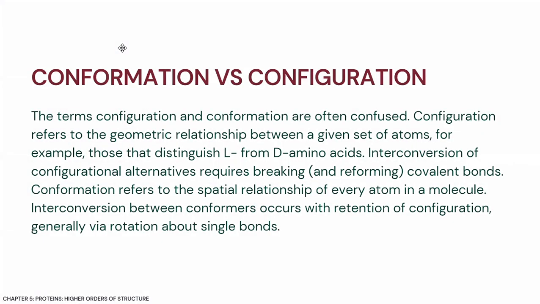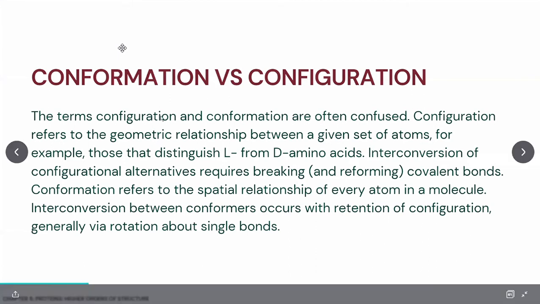So we have here configuration versus conformation, and they are not to be confused. When we say configuration, that refers to geometric relationship. Thus, we distinguish whether it is L from D. While conformation refers to the spatial relationship of every atom in the molecule.